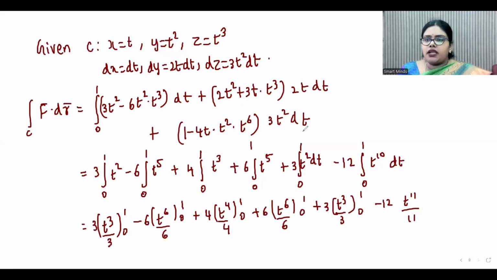One minute, let me check. Is it t power 10 or 11? So here 2 plus 6 is 8, 8 plus 2 is 10, and the integral gives 11. Correct.